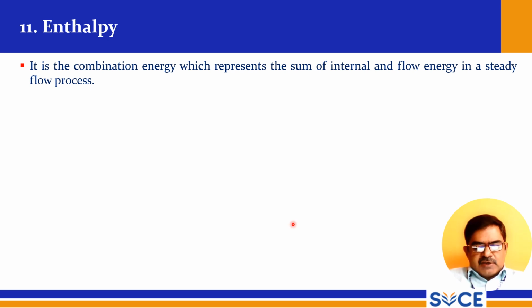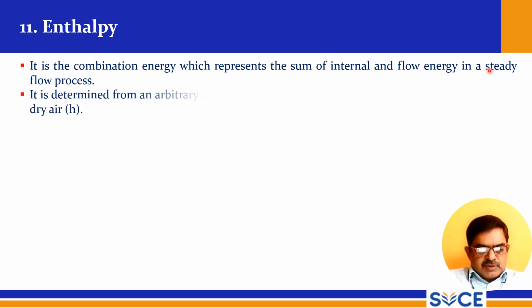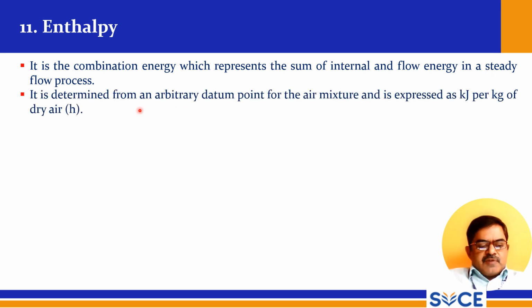Next is a very important term, enthalpy. We have seen enthalpy in earlier units also. It is the combination of energy which represents the sum of internal and flow energy in a steady flow process. It is determined from an arbitrary datum point for the air mixture and is expressed in kilojoules per kg of dry air.